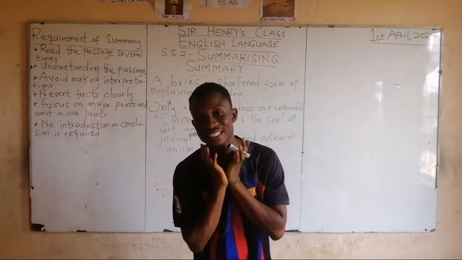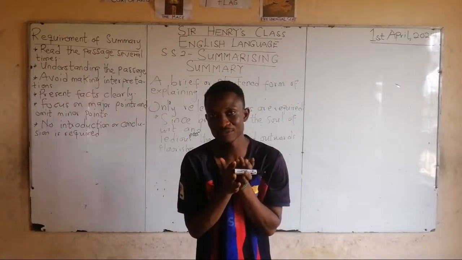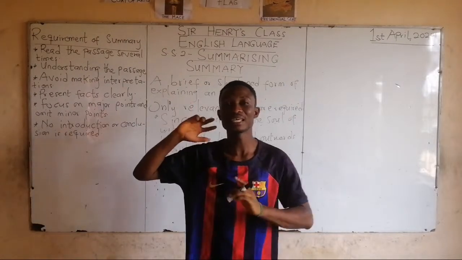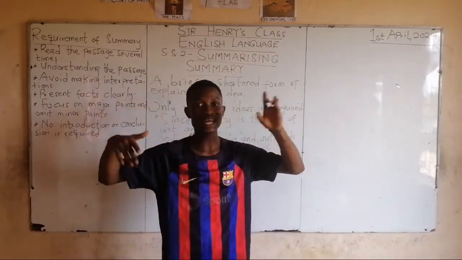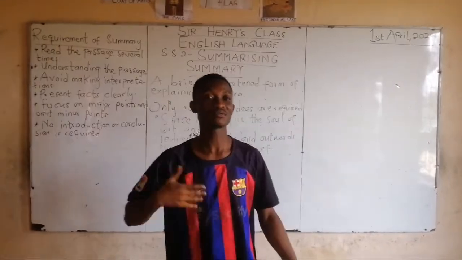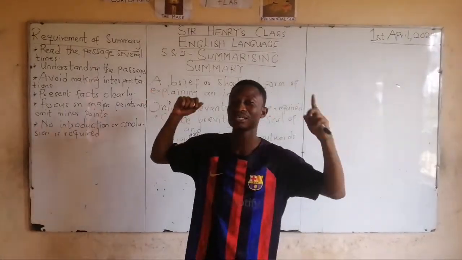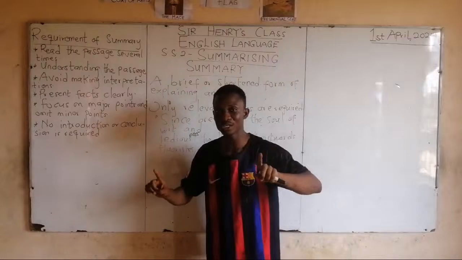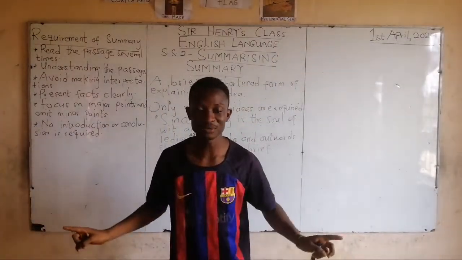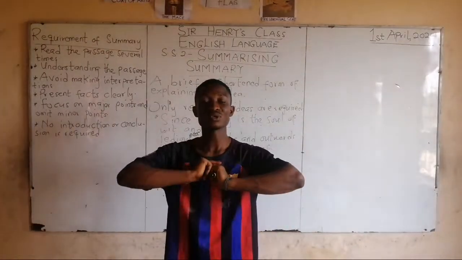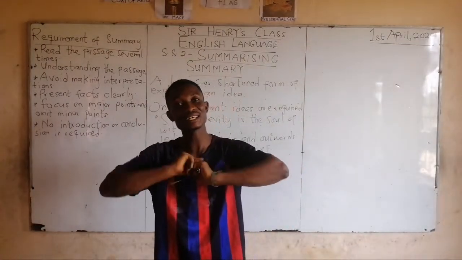Just shorten it. It's not a composition for you to imagine the imaginable and the unimaginable. Essays are full of lies, fiction and non-fiction, imaginable ones. Here, no. We don't require introduction. We don't require conclusion. We don't require any address. We don't require any salutation.